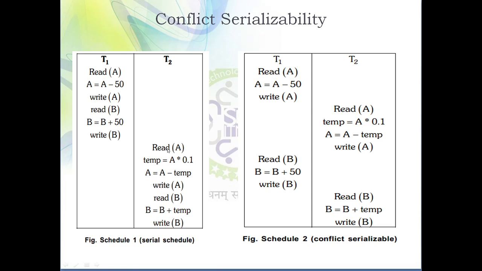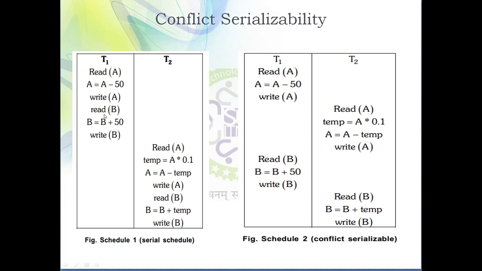So here you can see what I have done. I just swapped. First of all, I performed a swap between these two. Here you can see that their position has changed from this to this. So what are the non-conflicting operations?